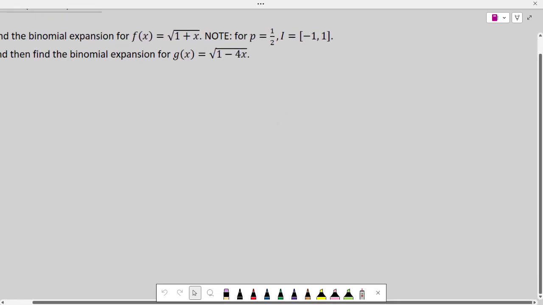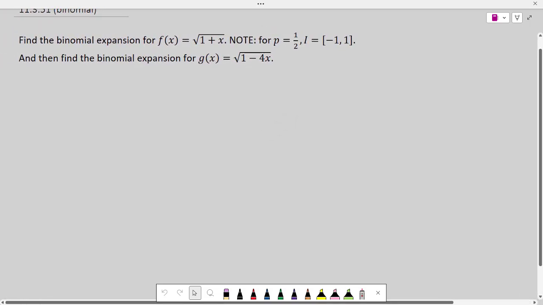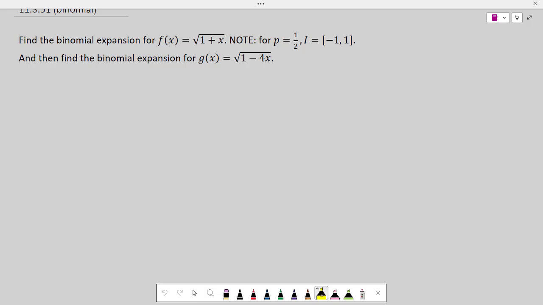All right, let's get to a binomial. So, binomial expansion for 1 plus x to the half. Remember that the interval of convergence is always going to be given to you. You can't figure out the interval of convergence for a binomial. So that's always going to be given to you. So we look at this.